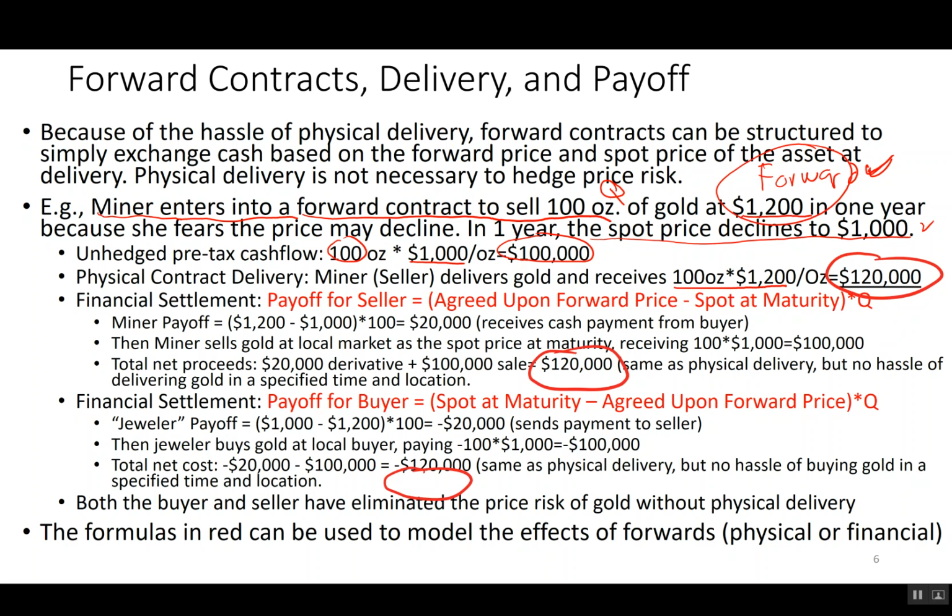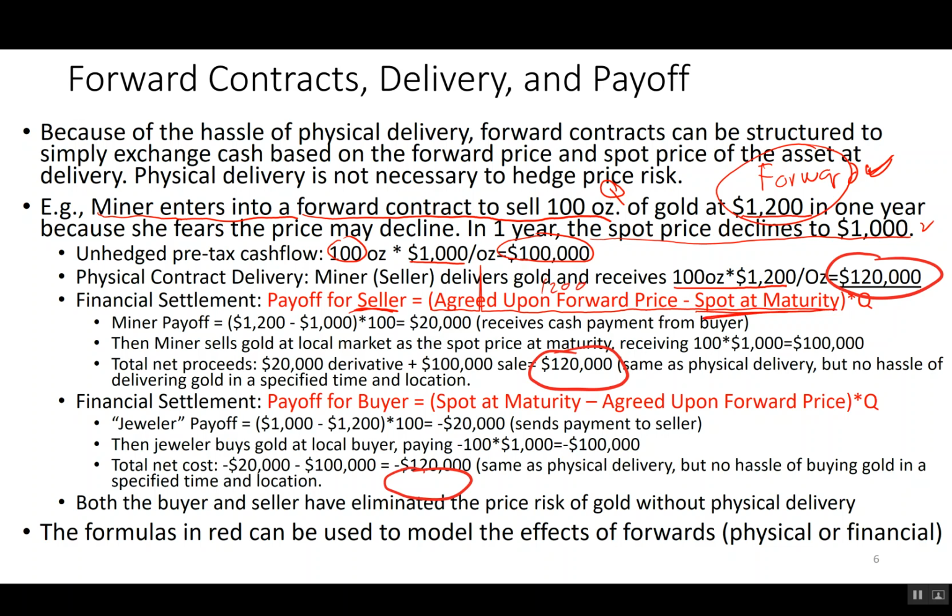Now let's talk about this weird concept. What if the contract didn't actually specify delivery? What if it just said that we're going to have a contract where the seller, in this case our miner, agrees to pay or receive this cash flow? And what is this cash flow? Well, this cash flow is whatever the forward price is, in this case our $1,200, minus whatever the spot price is a year from now.